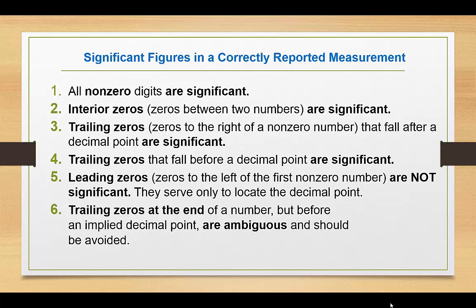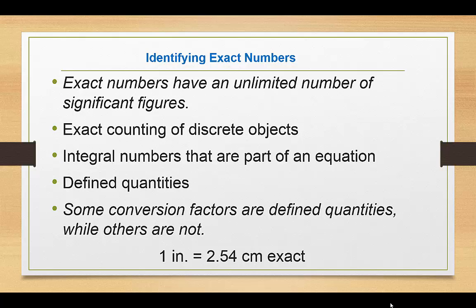Okay? So we'll look at some examples of that, but now we want to talk about the difference between reported measurements and exact values. So exact values or exact numbers are numbers which are discrete, quantifiable units. They will have an unlimited number of significant figures. We are able to count exactly a discrete object.